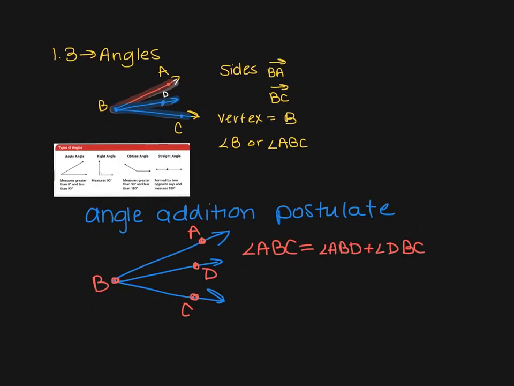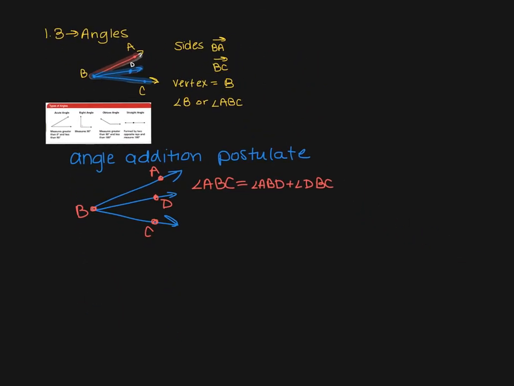So you'll see that applied, maybe it'll say something like, you have this angle, and it says that this angle is 25 degrees, and this angle is 30 degrees. What's the sum of the big angles? So you can add those together to get the 55 degrees.